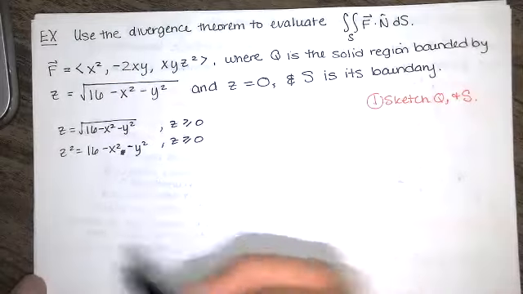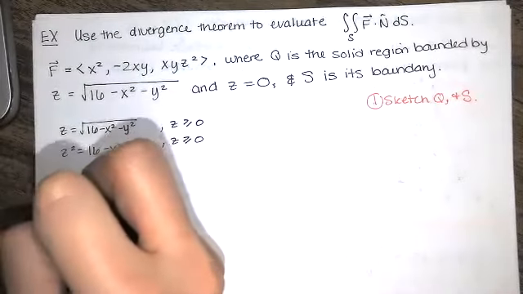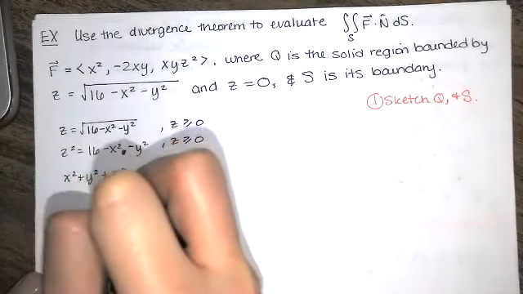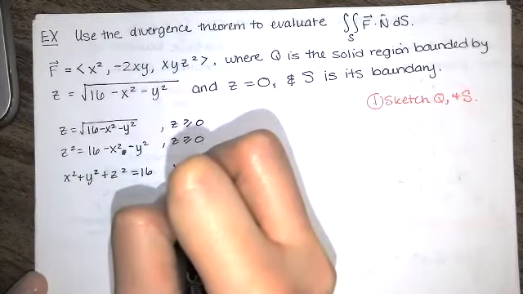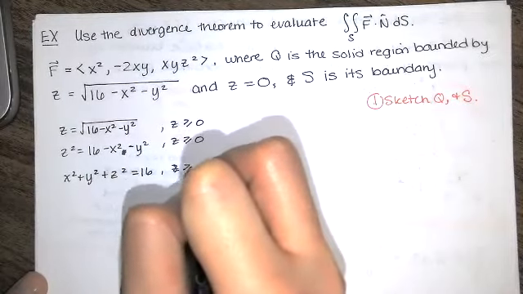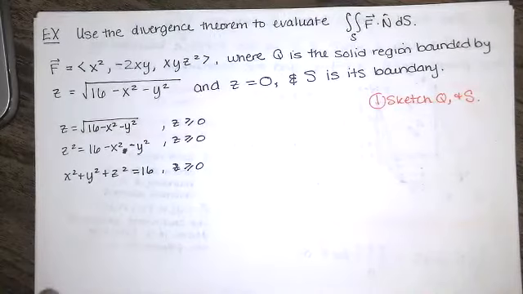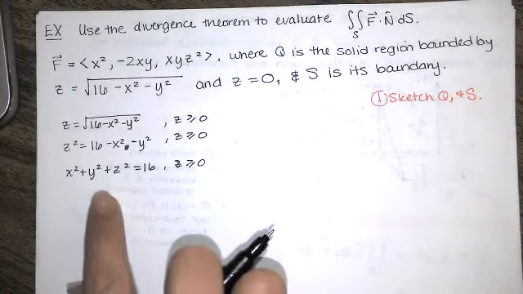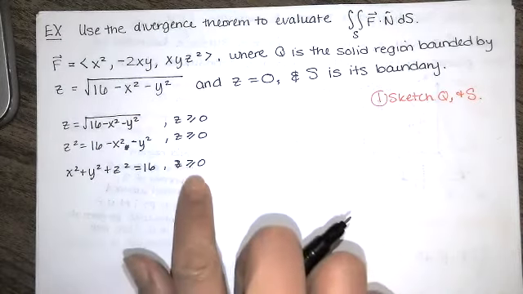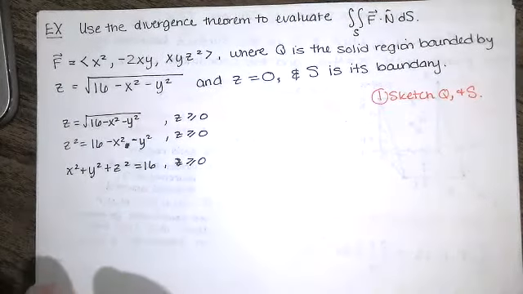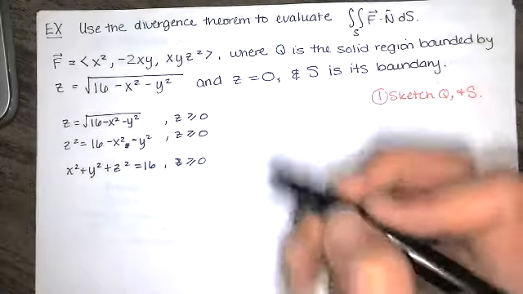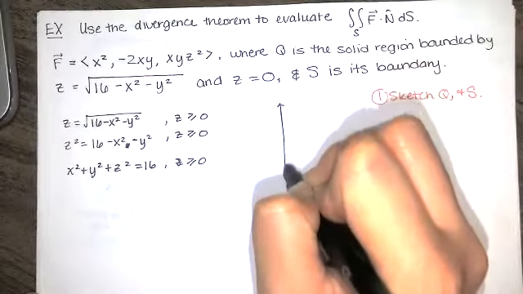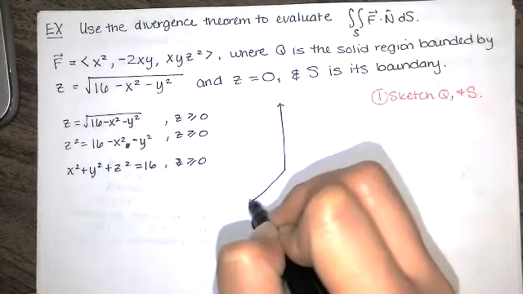So we've got this, and then if we add x squared and y squared to both sides, we get this. So we say, hey, guess what? That is a sphere of radius 4, centered at the origin, but it's only the top half. It's just that top half of the sphere. And it's just the surface. That's what that represents.